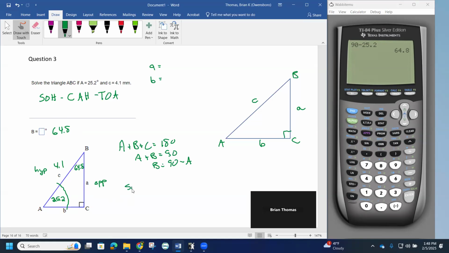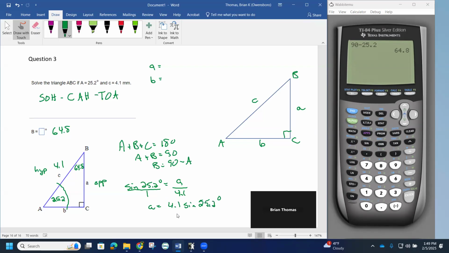So if I take the sine of 25.2 degrees, that's got to equal the opposite side, which is A, over C, which is 4.1. Now, to solve for A, I like to treat this as a proportion. I like to put this over 1 and solve it by cross multiplying. So 1 times A is A, and then 4.1 times the sine of 25.2 degrees.